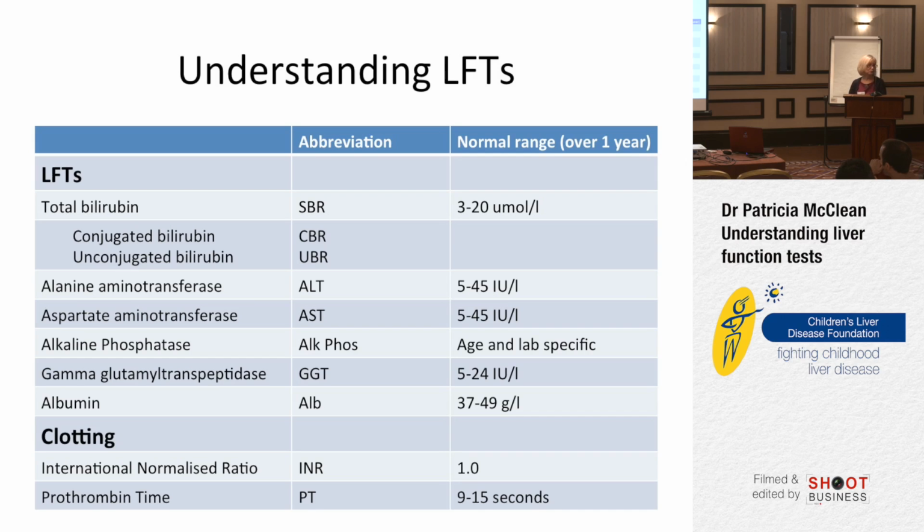And then we also talk about clotting, because the liver is involved in helping the blood to clot. And so we talk about the international normalized ratio, which is basically just the prothrombin time, which is how long it takes for a certain cascade of clotting proteins to clot.